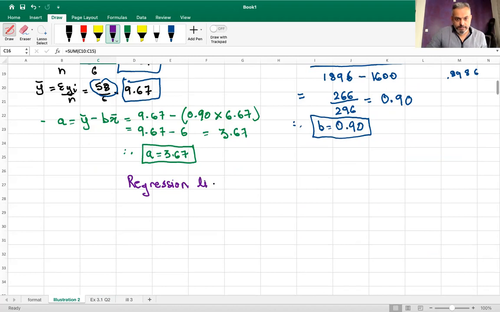The regression line of y on x is y cap is equal to a, that is 3.67. b is positive, so plus 0.90x.